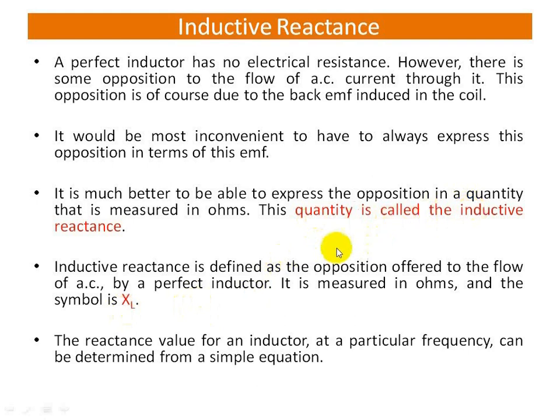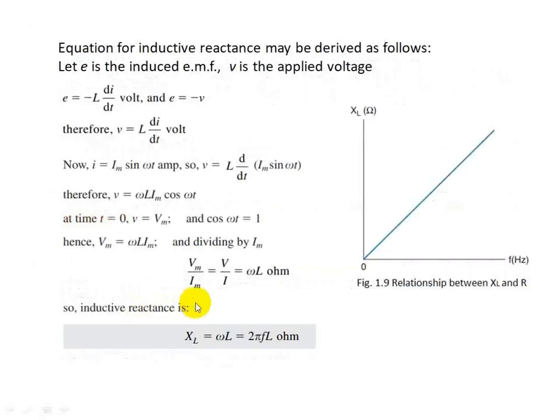So this XL is directly proportional to the frequency. Let us see the expression for XL. The XL expression is XL equal to omega L, where omega is angular frequency in radians per second, which will be 2 pi f, into L. Let us see how to get this equation.